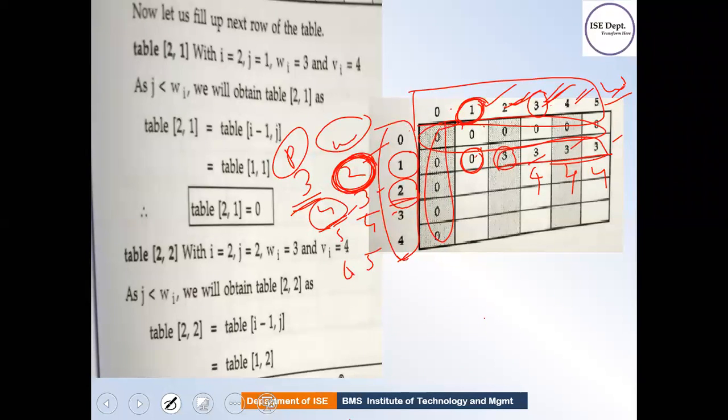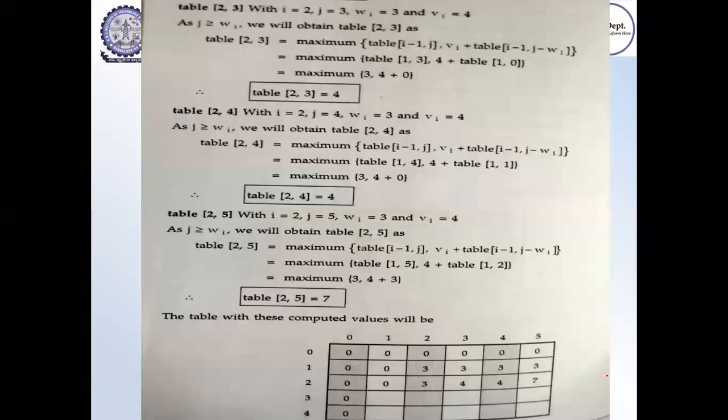In this particular cell, I cannot fill this object because the object's weight is 3, but the capacity here is only 2. I should fill this value with the previous one, that is 3. Is it clear? Even here I cannot fill it, so this should be 0, the previous value. Clear? So that is what we got.